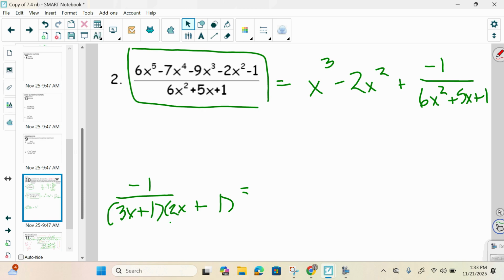Because those are just linear denominators, right? That's not hard. So each is a linear denominator. So I'm going to go A over 3x plus 1 plus B over 2x plus 1. There's two convenient numbers. Go solve for A and B. They're fractions, but it comes out nice. Right? It comes out with integers.